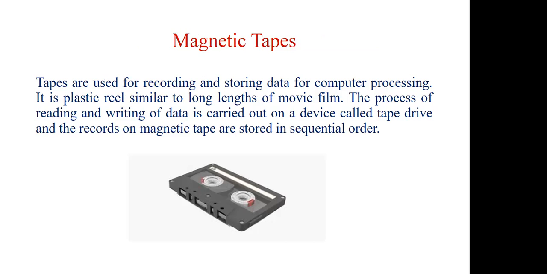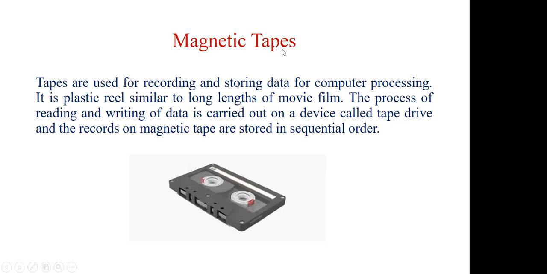The reading and writing of data is carried out on a device called a tape drive, and the records on magnetic tapes are stored in sequential order. So this magnetic tape is the typical example of sequential access.